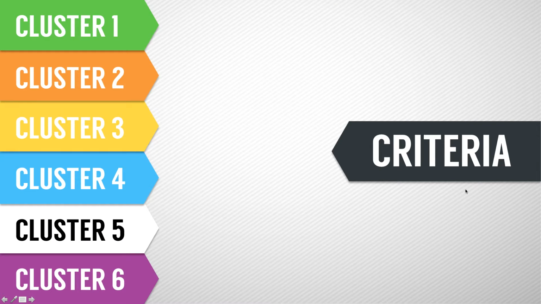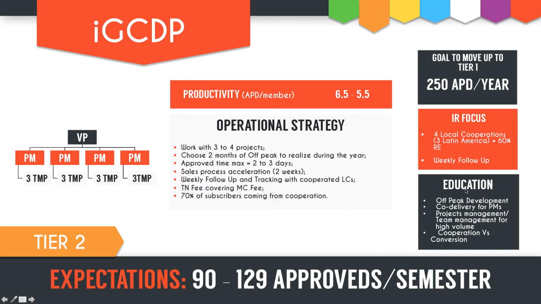And you would probably have the expectations for your semester around 90 and 129 approveds. So this mainly was your goal for that semester. You had a specific goal, but then all the entities that were in tier 2 in IGV had these expectations around 90 and 129. All right, so this is the growth model that we had.